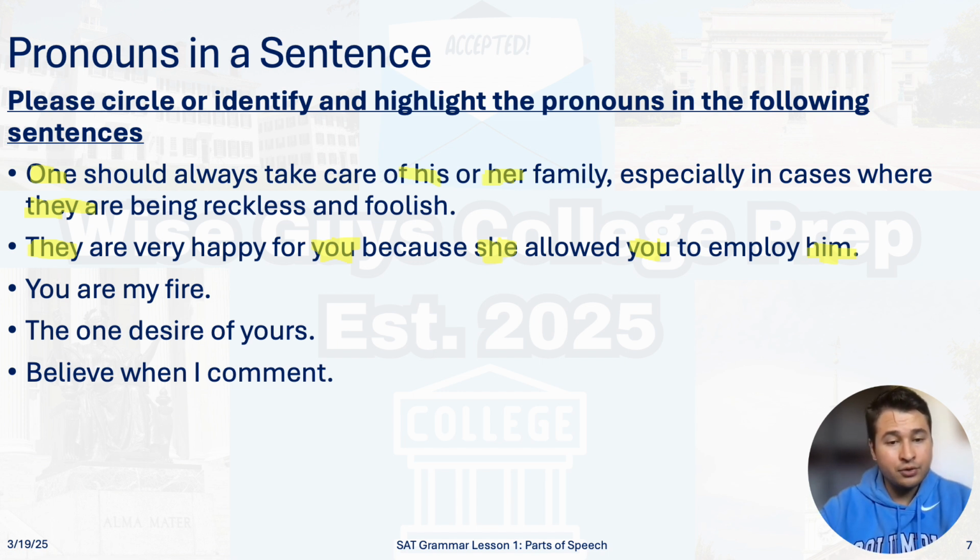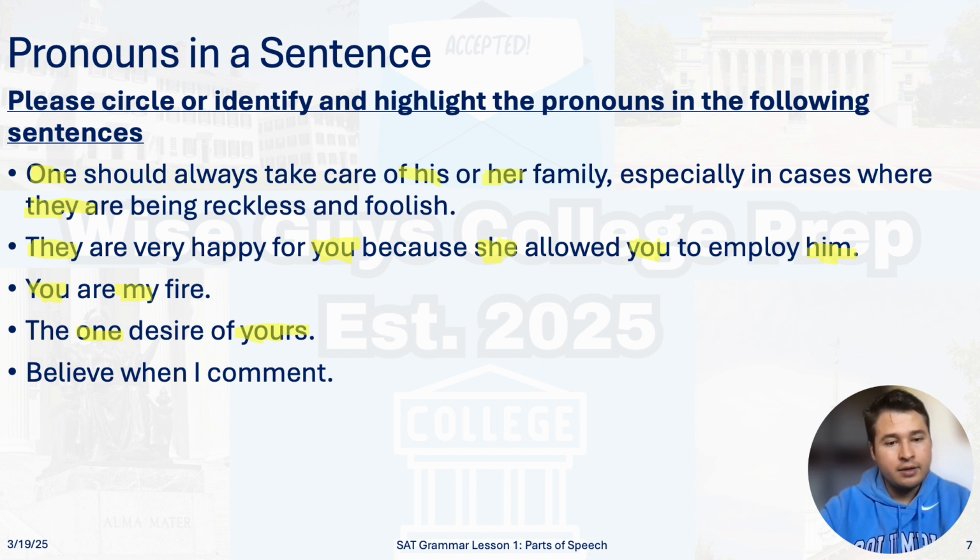Now we move on to the third one. You are my fire. You and my are the pronouns in this case, okay? The one desire of yours. One and yours.